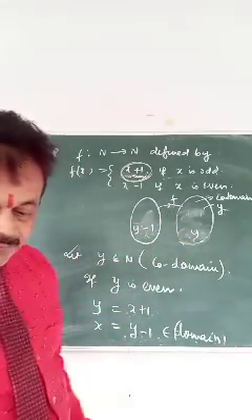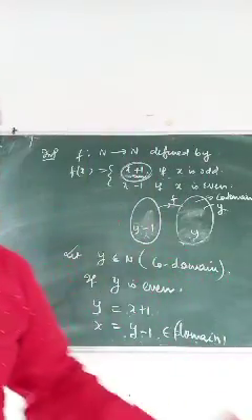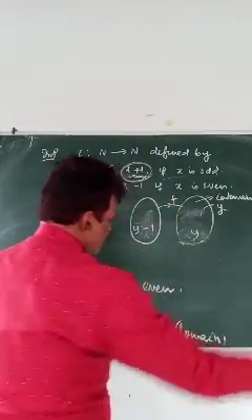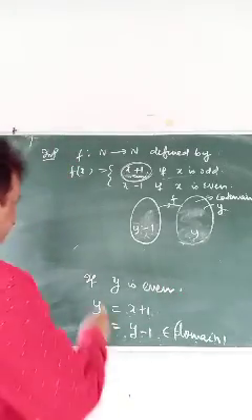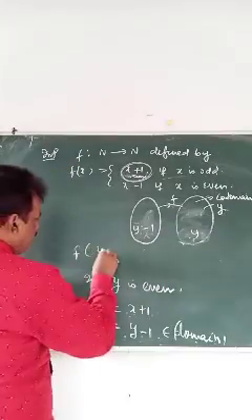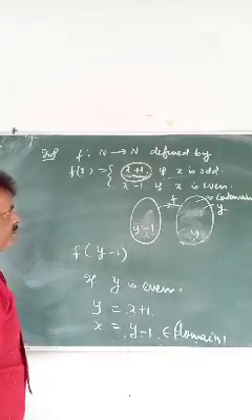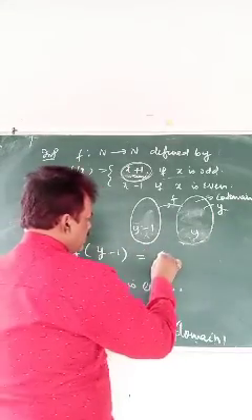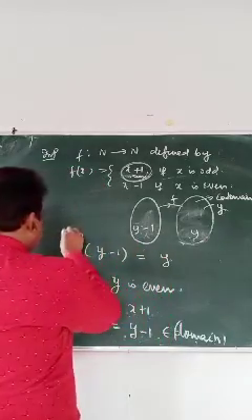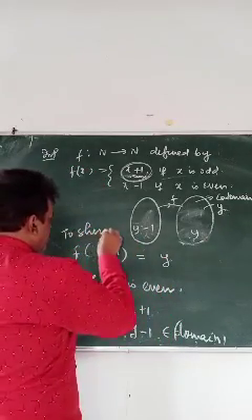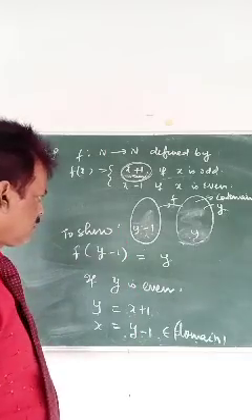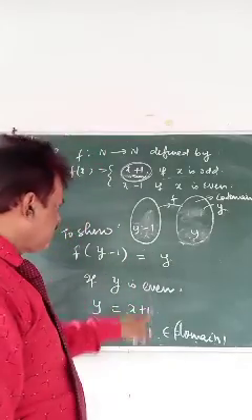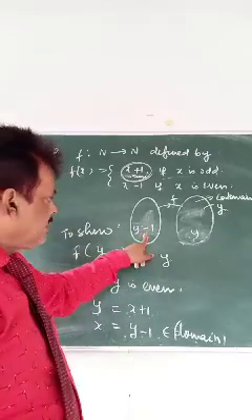That means you have to prove f of y minus 1 should be y. From here you got the value of x as y minus 1, so y minus 1 is present here.